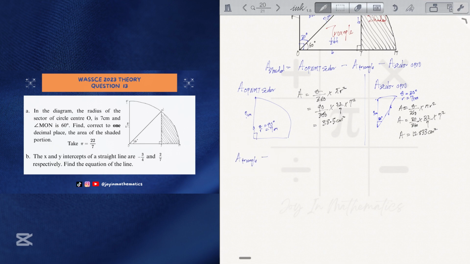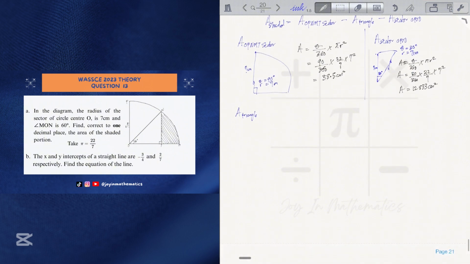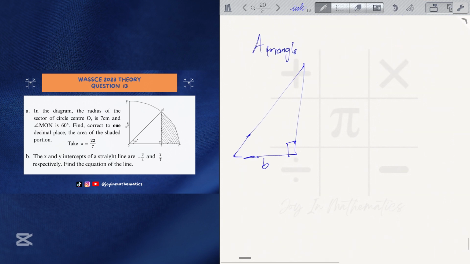So the thing we will do now is to draw this triangle out. Remember, we do not have the base and we do not have the height. So the triangle is a right angle triangle with base b, height h, and hypotenuse of 7 centimeters.